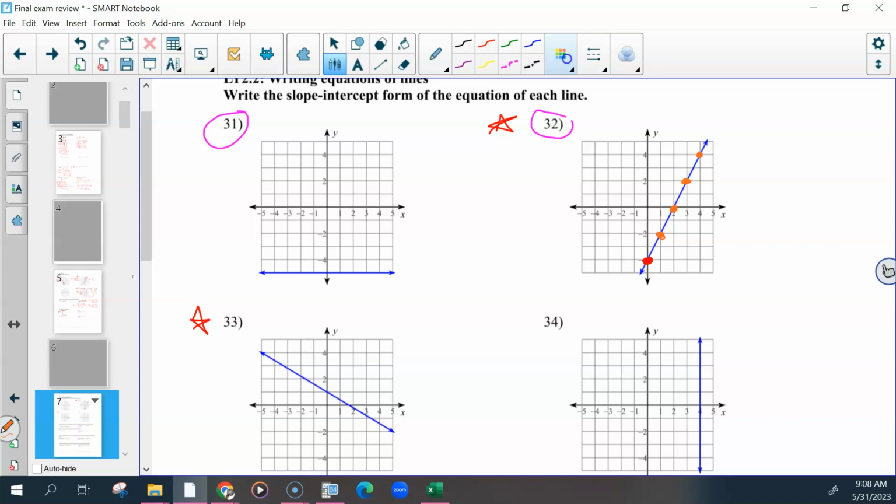Now we need to count the slope. So rise over run: how far did we go up or down, and then left or right.